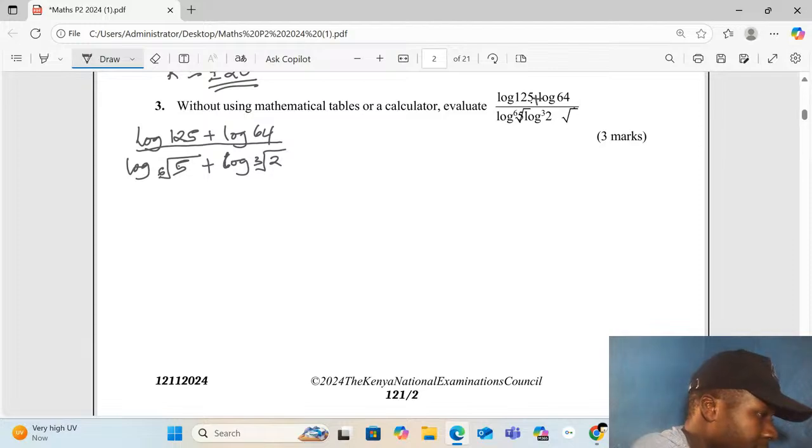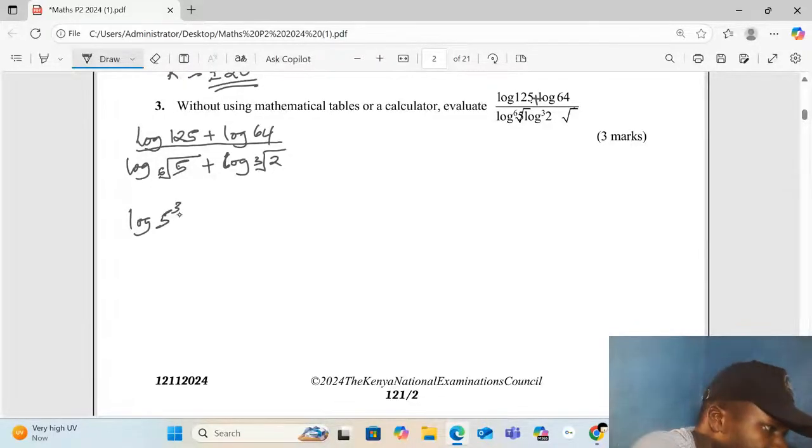Now, we can change 125 into power form. That becomes log 5 power 3. So 125 is the same as 5 power 3.